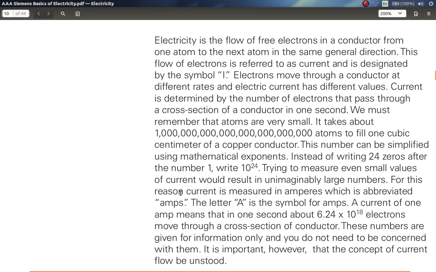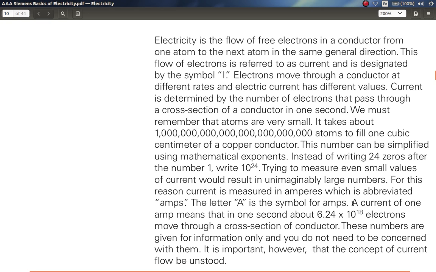For this reason, a current is measured in amperes, which is abbreviated amps. So the amps is a short way of writing it. The letter A is the symbol for amps. So A represents amperes, and it's named after Andre Ampere.